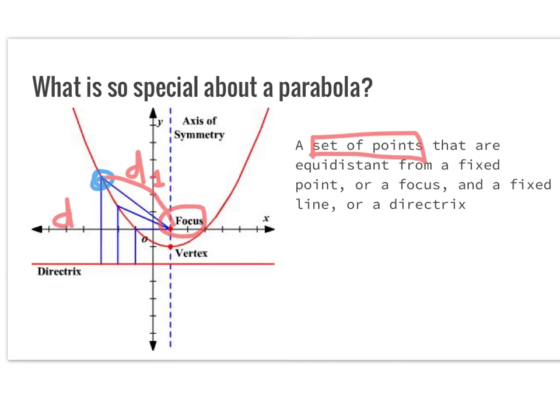And another distance, I'm going to call D2, from this line to that point. The distance from the same point on our graph to this point, called the focus, they're equidistant. Meaning this distance will be equal to this distance.